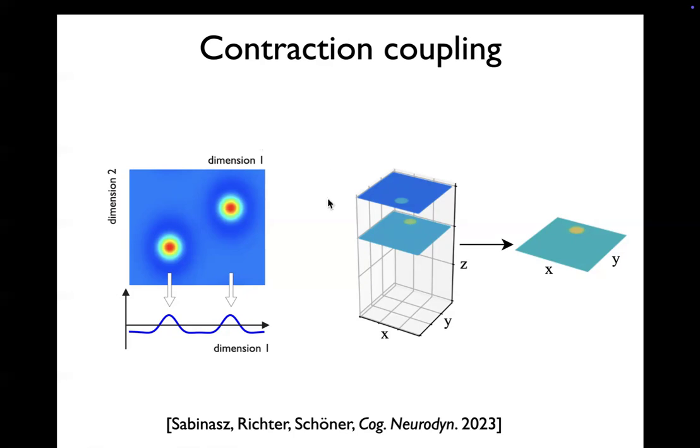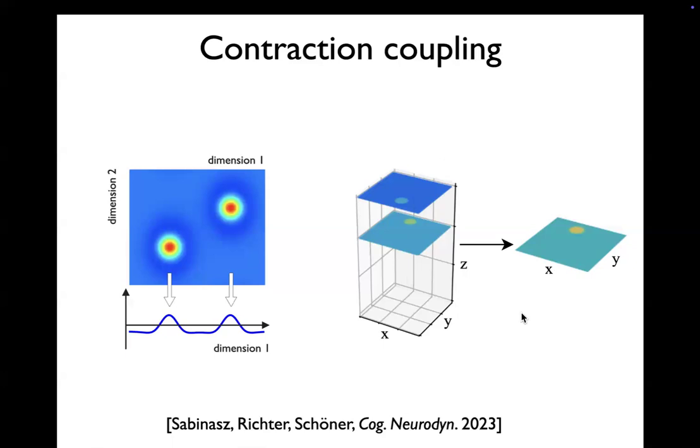And contraction mappings like this exist for other dimensionalities. So for instance, if you have a 3D field where in the third direction you have another variable, this would actually be a 3D field more typically, where the space would be X and Y, and the vertical would be color. And if you're now trying to extract a spatial map from that, you would sum along the color dimension and therefore overlay all the different peaks in different colors, and then extract from that a two-dimensional representation.